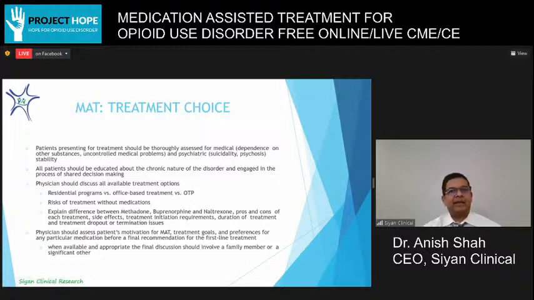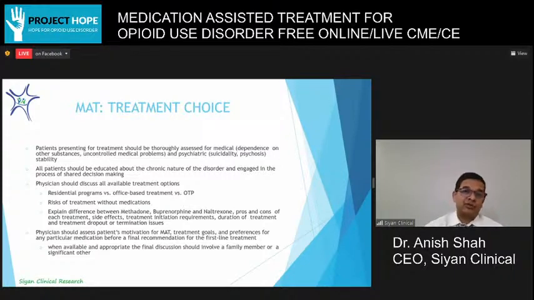Next one is MAT treatment choice. I think this is a very, very important topic that a provider or clinician should keep in mind, and have an open mind in discussing with their patients while offering the correct or appropriate treatment that works for patients and their clinical status. One should look at all other psychiatric comorbidities.